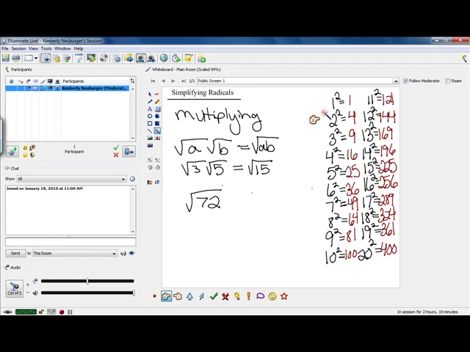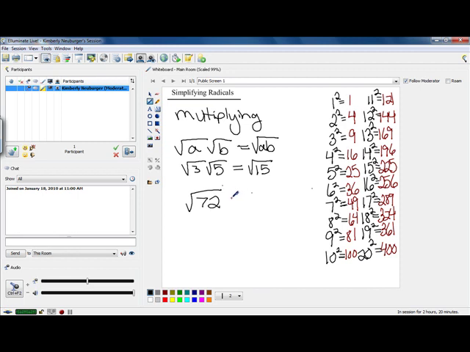So for instance, 2 is the smallest thing that will go into 72 evenly. So 72 divided by 2 is 36. We check this list to see if 36 is on the list, and it is. It's right here. So that means we're going to use that 36 to split this 72 up into two things that can be multiplied, so we can start at this spot in our rule and move backwards.